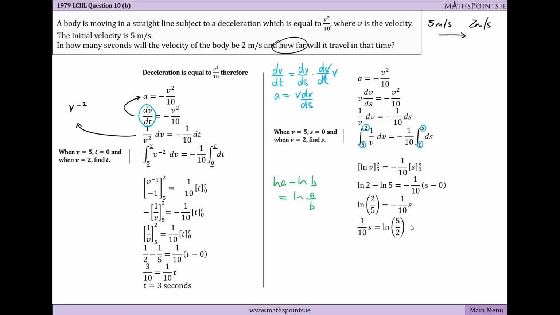I'm going to multiply both sides by 10 to give me that s is equal to 10 natural log of 5 over 2. Putting this into my calculator, the distance travelled is 9.1629 meters. So this is how far the object travelled in the first 3 seconds, but also the distance travelled whilst moving from a speed of 5 meters per second to a speed of 2 meters per second.